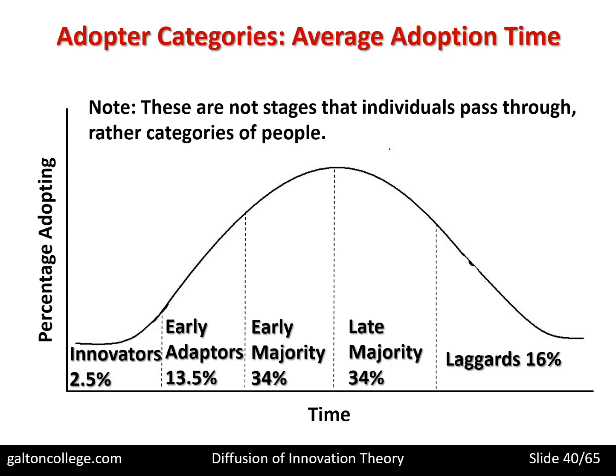So we can imagine it's starting down on the left-hand side, down towards the origin of the diagram. We have the innovators, the ones who really want to have this product first. They love new products. They love new ideas. They want to be the first ones to get it. These are the ones who queue up outside the Apple shop when a new product comes out.